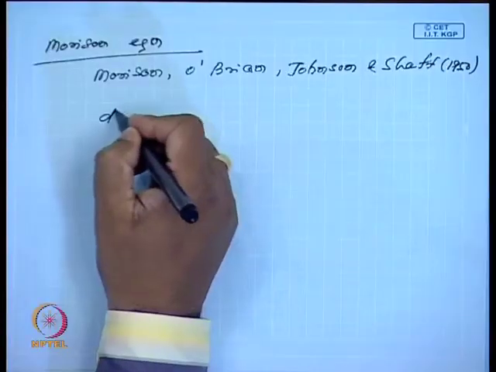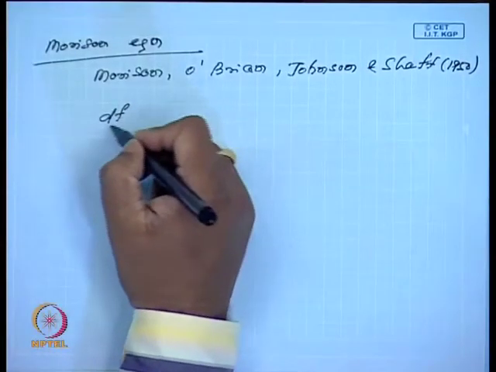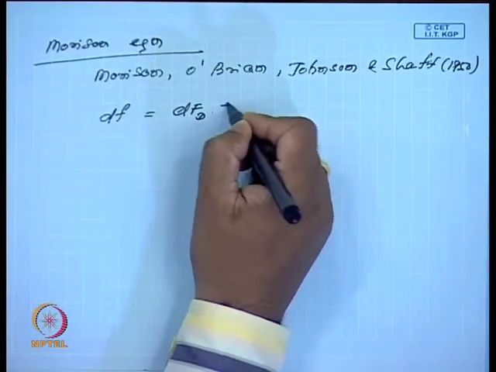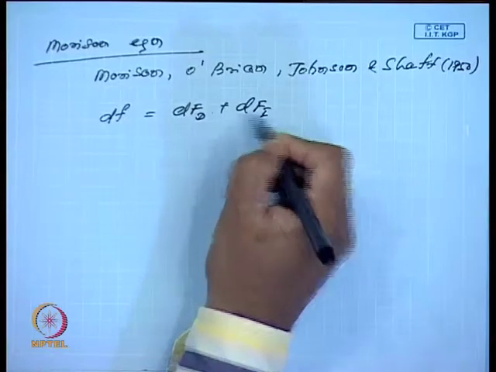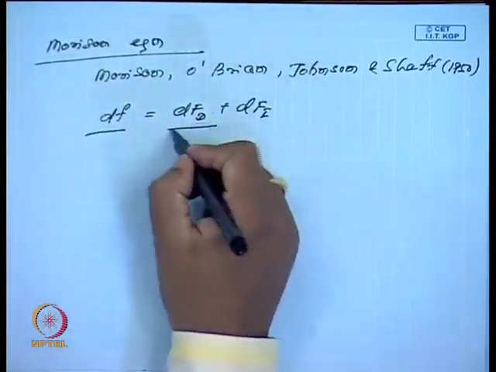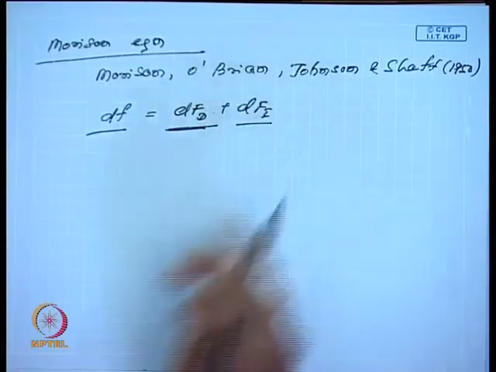As I have mentioned, the total force dF, the elementary force, has two components, dFd plus dFi: the elementary drag force and the elementary inertia force.